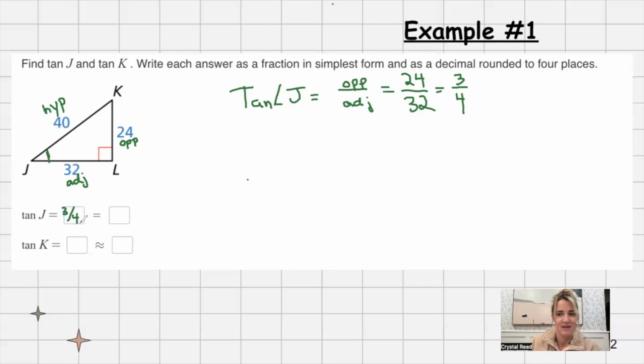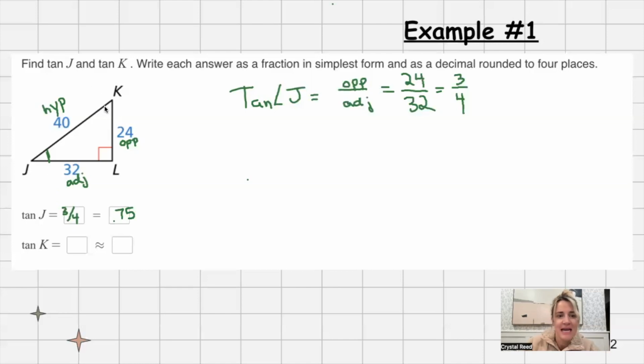And then if we reduce that to a decimal, you can put 24 over 32 in your calculator, or you can just put 3 over 4. 0.75. Okay. Now we are going to kind of flip-flop that, and we're going to do it in terms of angle K. And so let's color code this here.